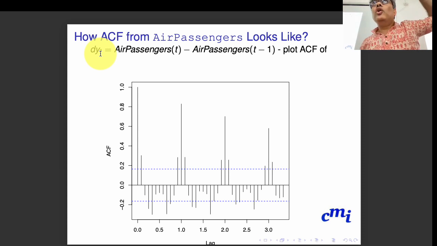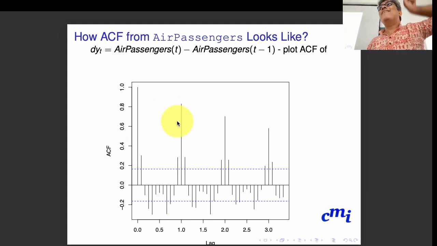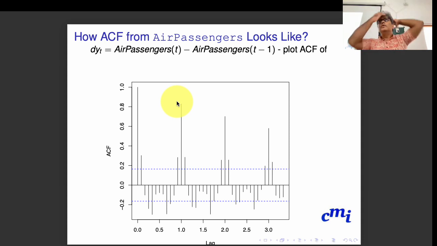So the correlation due to the trend is removed, and what you are left with is only the correlation due to the seasonality. And in that correlation due to the seasonality, the strongest correlation is the 12-month correlation, and that is getting reflected. Clear?